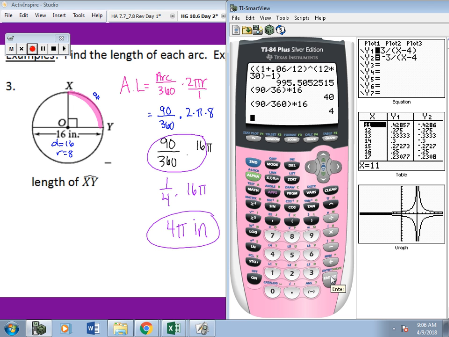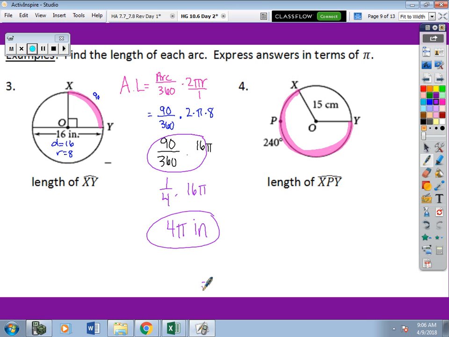There we go. 4. So 4 pi inches. Now there's a chance that sometimes the fraction won't go away, so you could have a fraction in your final answer, like, I don't know, 32 pi over 67.